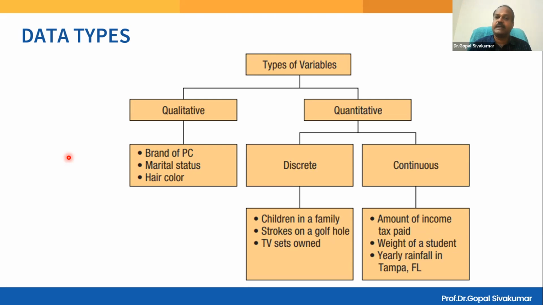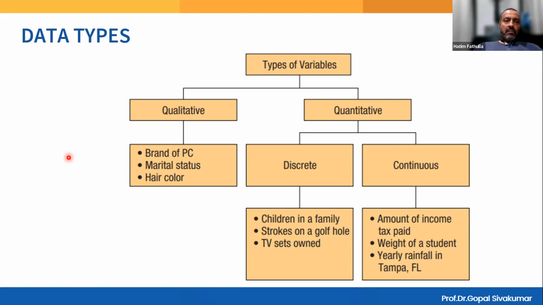I want to know each one's weight. Is it measurable? Yes. Then it is continuous data. Anything you measure will have a unit of measurement. Your weight will have a unit, kg.